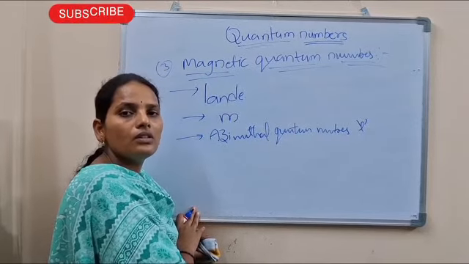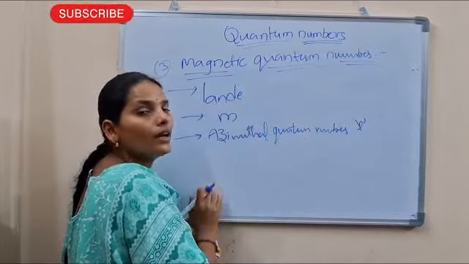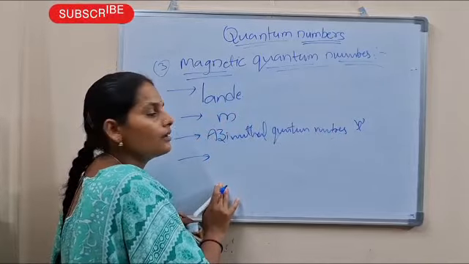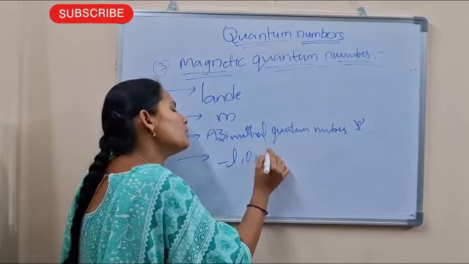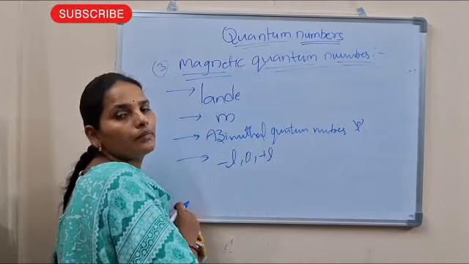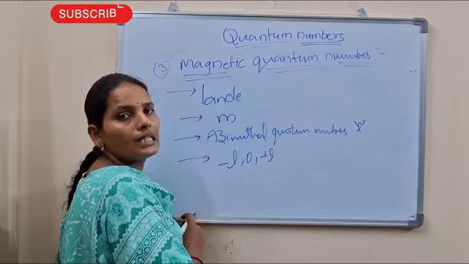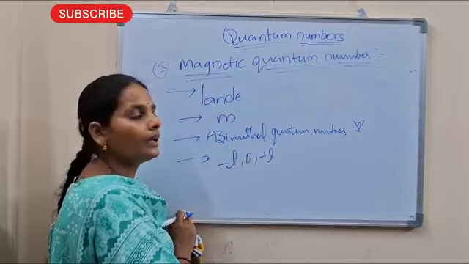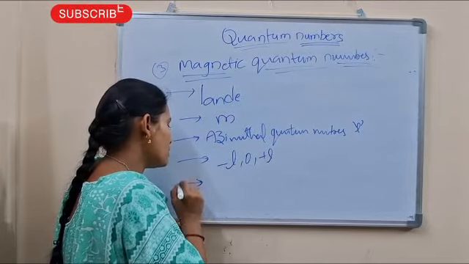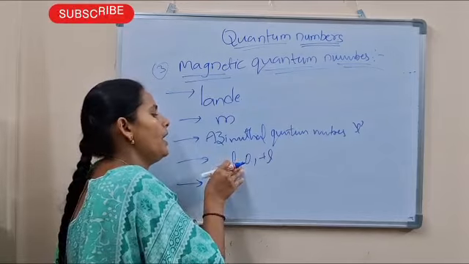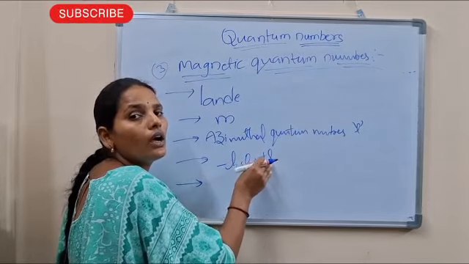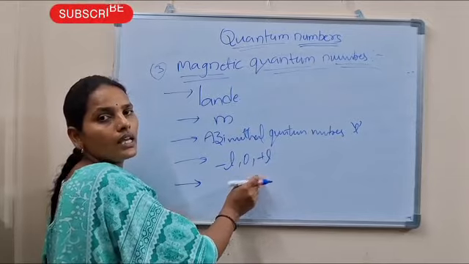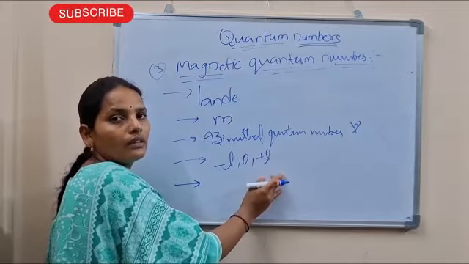The values of m are from minus l, 0, to plus l. From negative values to positive values. Here negative values are there, 0 is there, and positive values are there.